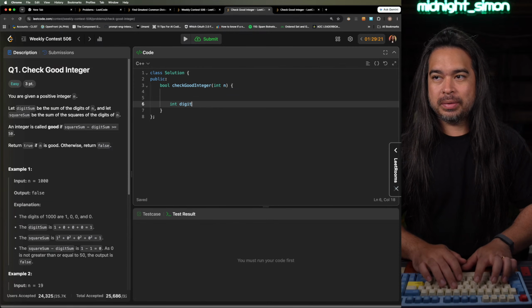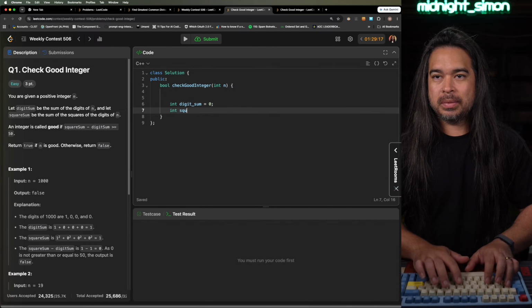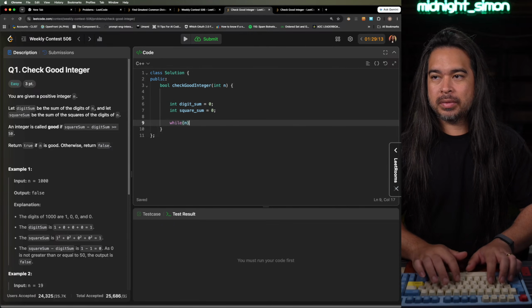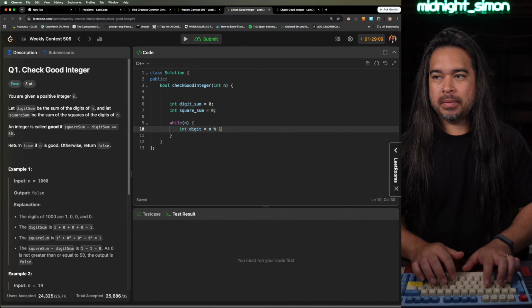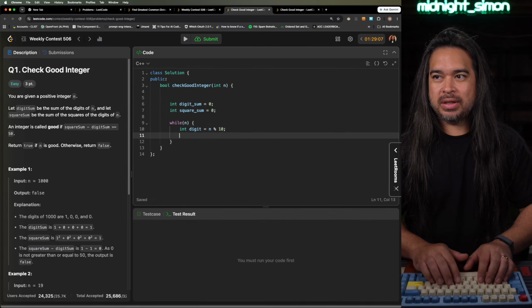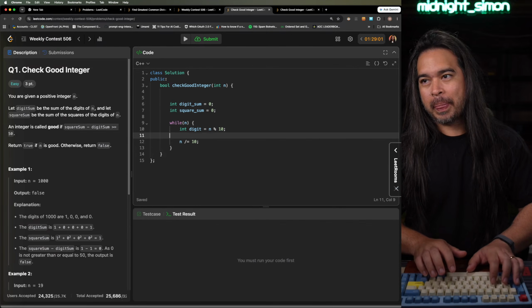So I'm gonna get the digit sum, I'm gonna get the square sum. n mod 10 is each digit, and then we divide by 10 every time. What are we trying to do?